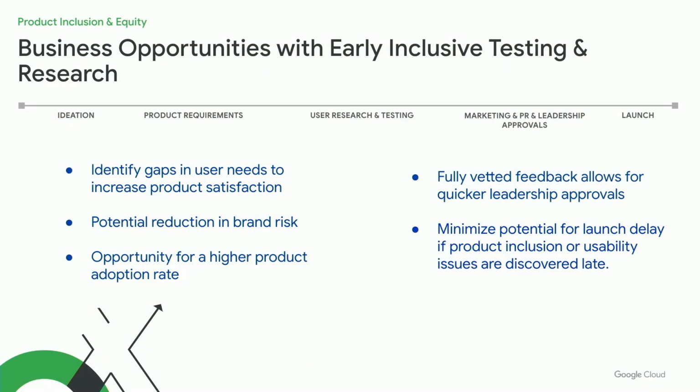What are the business opportunities with inclusive research and testing? Starting early, inclusive research and testing within the product and/or feature lifecycle offers opportunities to identify which users may unintentionally be excluded and adjust feature requirements that may lead to increase in product satisfaction, reduce brand risk, obtain potential for higher adoption rate, receive faster leadership product approvals, and minimize launch delays due to late discovery of product, service, inclusion, and usability issues.